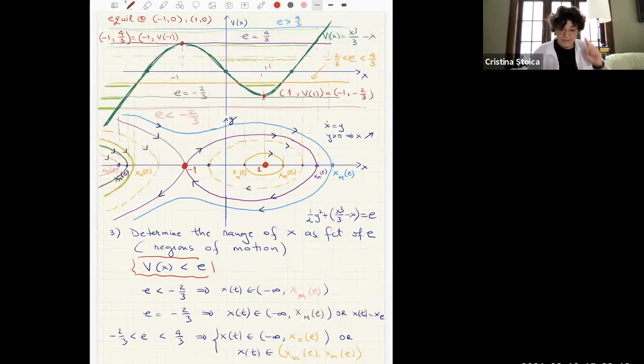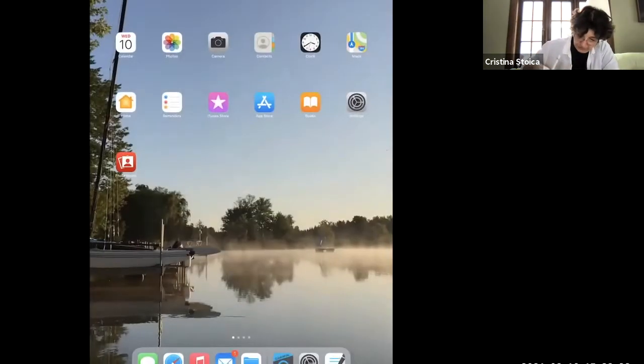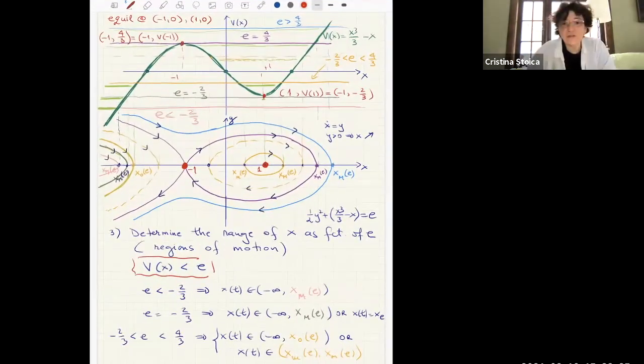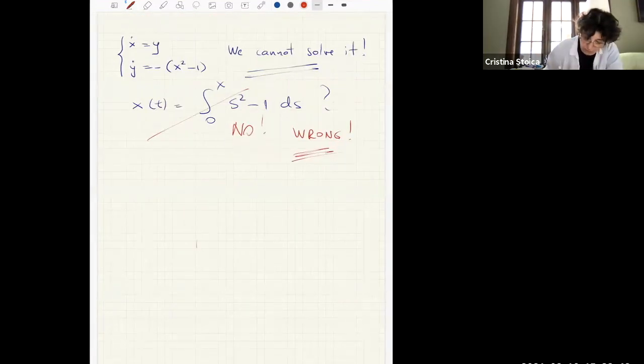Oh, by the way, talking about equilibria, now we have to introduce two more notions about equilibria. So this red one is an equilibrium, as we know. But because the trajectories are staying around it, the behavior near this x equals 1 equilibrium is exactly like what we did before with the harmonic oscillator.